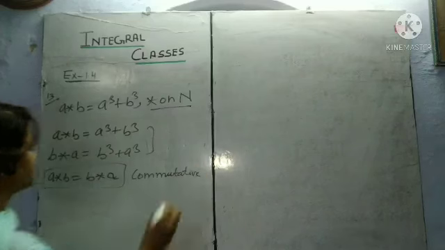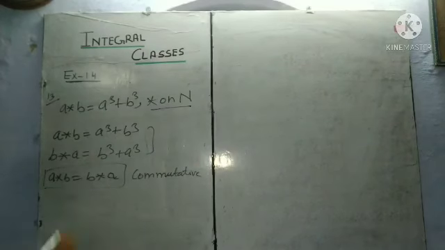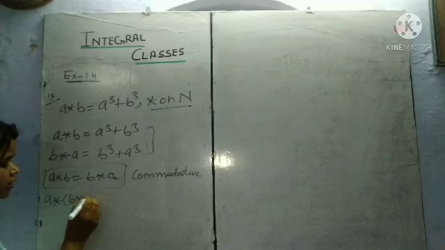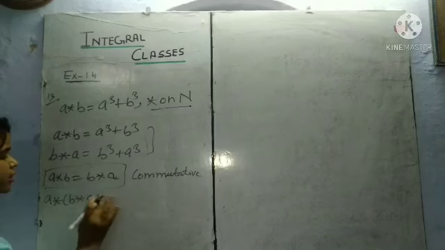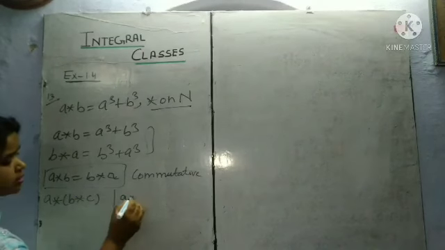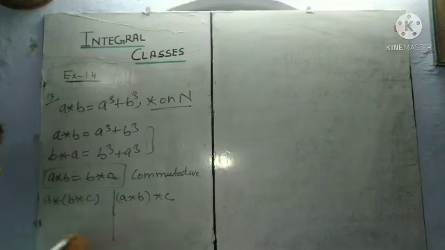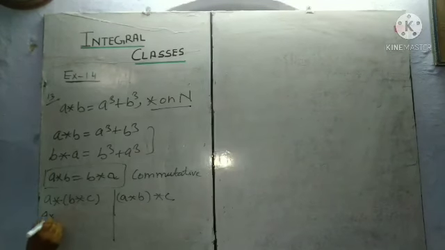Now on the other side, associativity. We will find the value of A star, B star C, and on the other side A star B star C. Now what is the value of B star C?